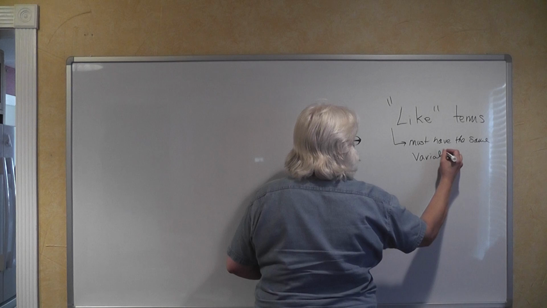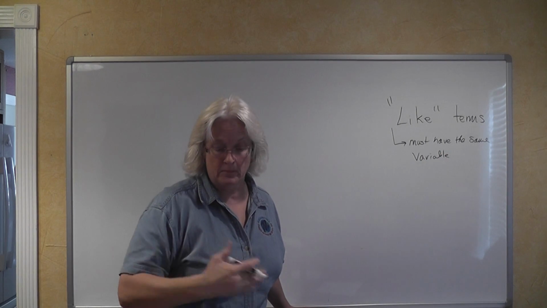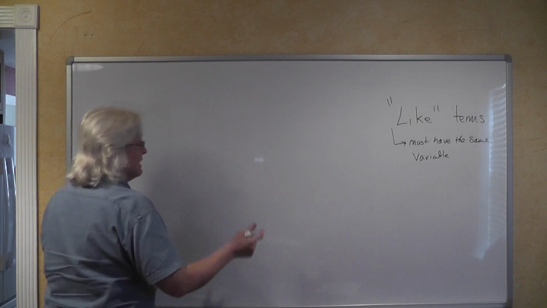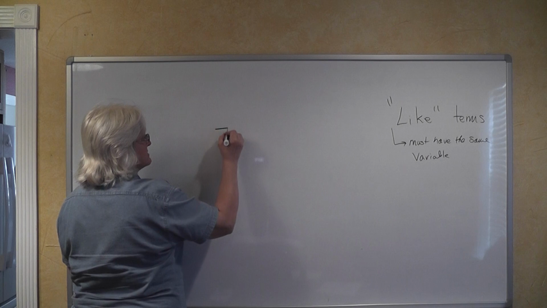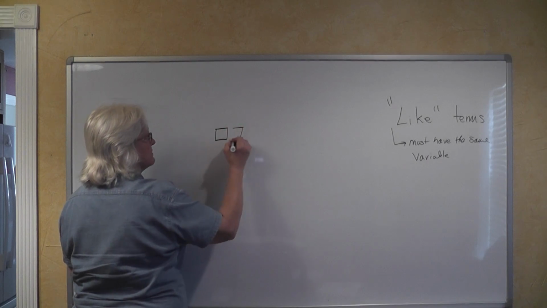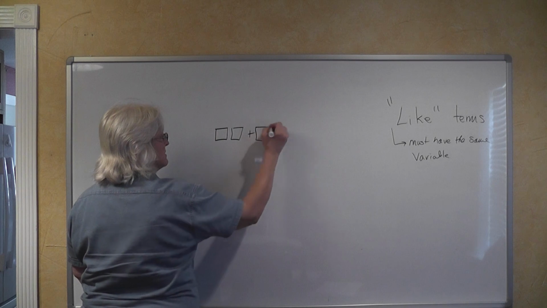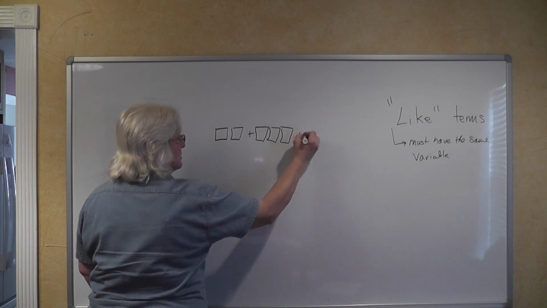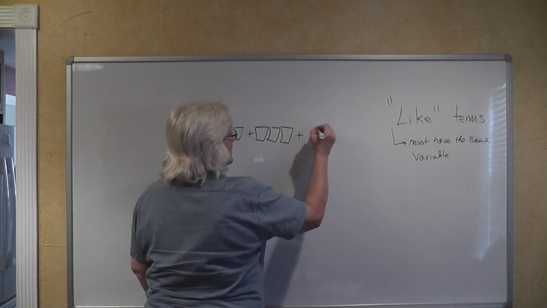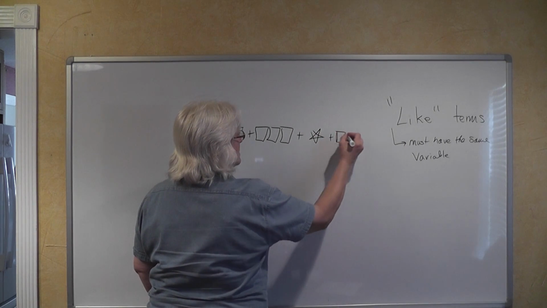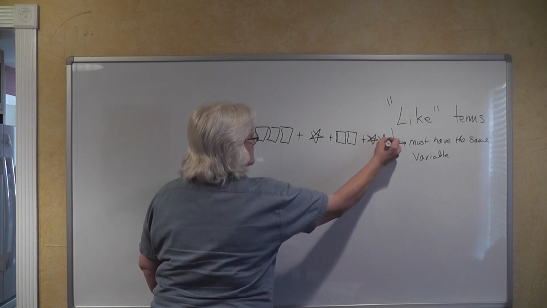It's a very similar idea to what you do in very early elementary school. Let's say, and they might do fruit, but I can't draw fruit, so I'm going to do shapes. We're going to call these squares. We have this, plus this, plus, what else did I have? Not that it really matters. Plus this, plus this, plus 2 stars.